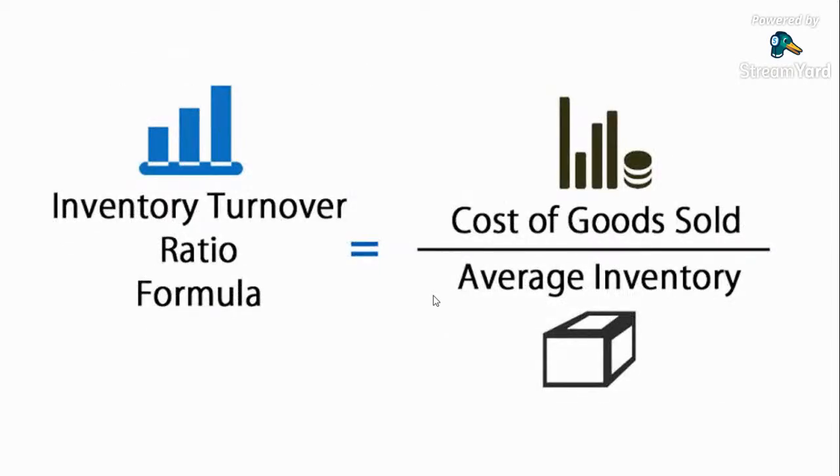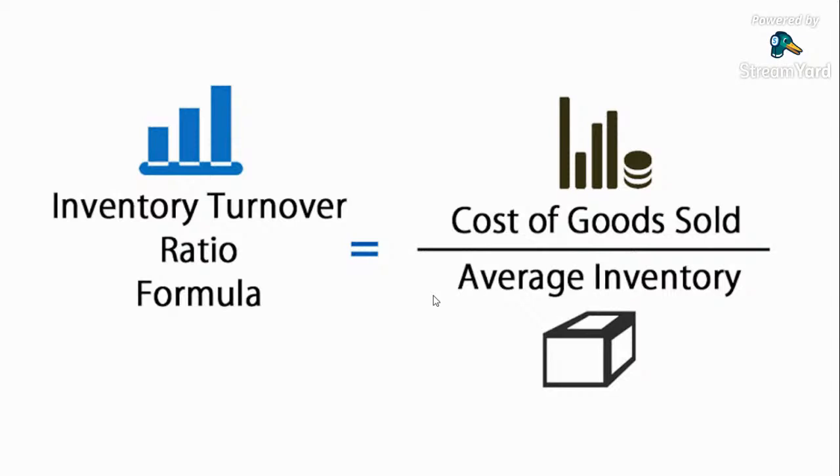This is the formula for inventory turnover ratio. So, cost of goods sold over average inventory. So, bakit ko pinakita sa inyo to? This is how the organization analyzes their inventory quantitatively.